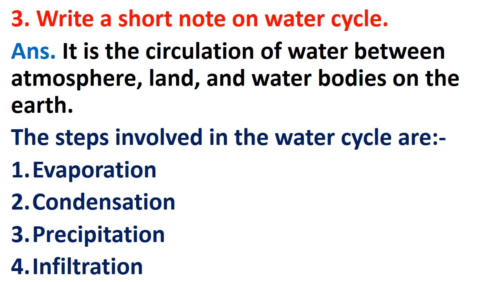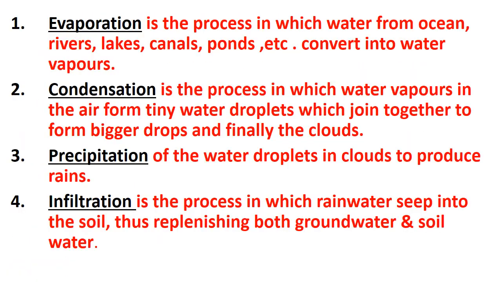Now you will write about the steps. The steps involved in the water cycle are evaporation, condensation, precipitation and infiltration. Now you will explain each and every step in point.